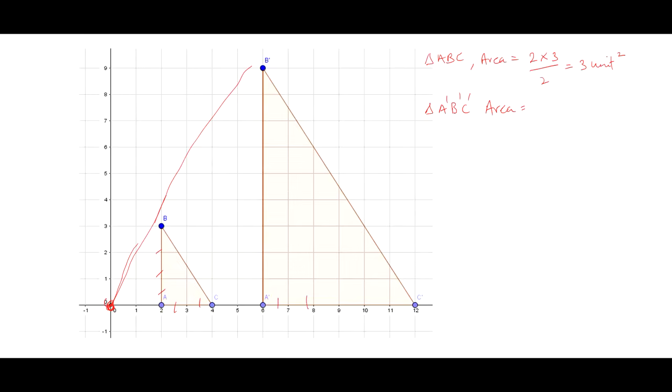The base is 6 units multiplied by the height, which is 9 units, divided by 2, and this will give me 27 units squared.